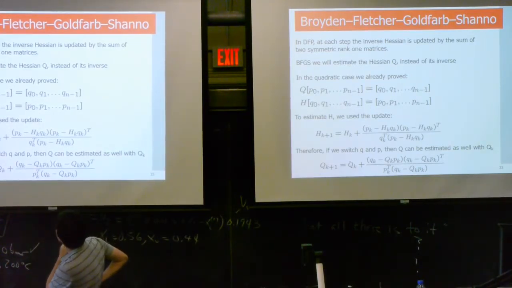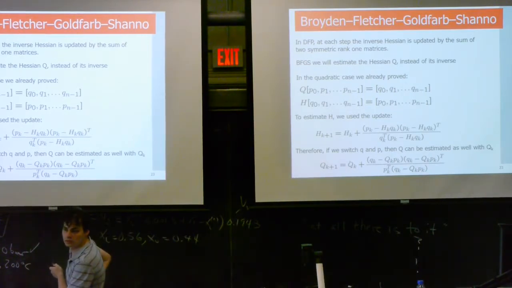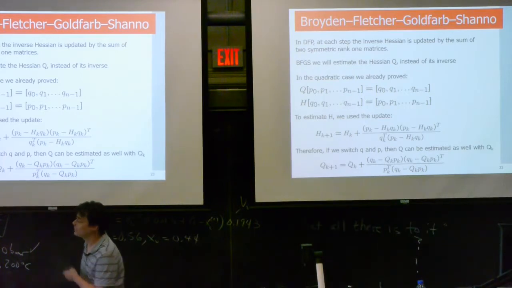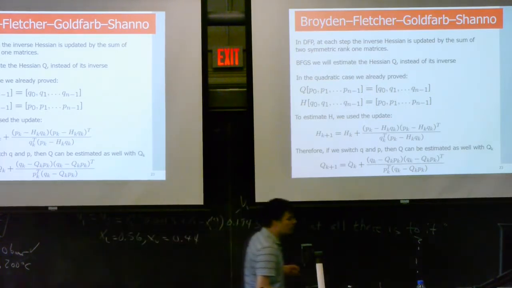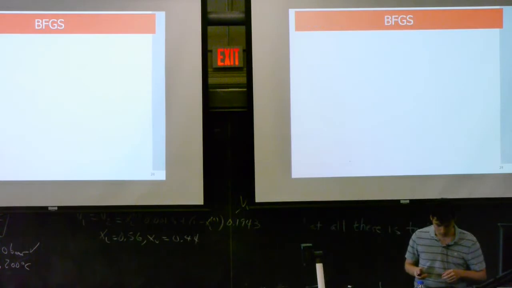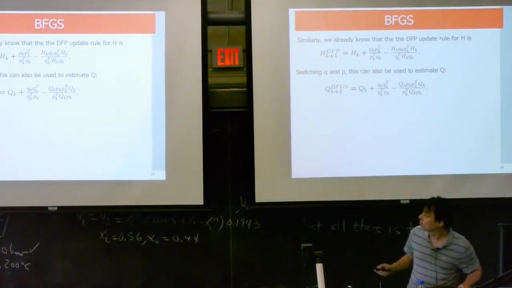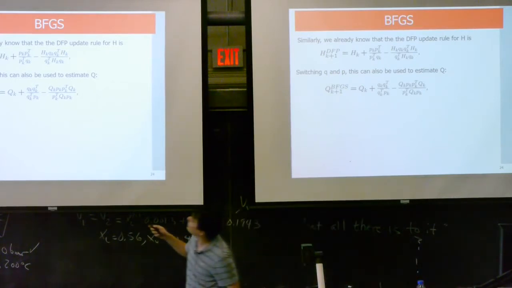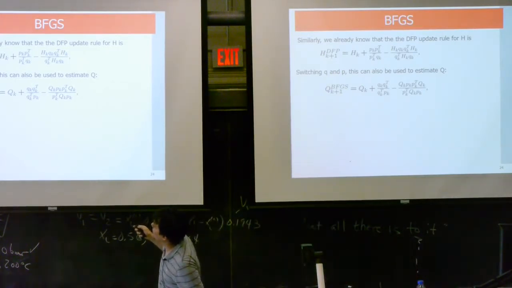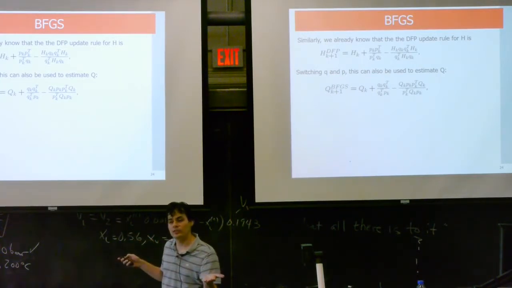We just used these definitions to derive an update for H. But using these definitions, I could derive the same update for Q as well. And now we would have an update rule for the Hessian matrix. And that's what BFGS does. So we have an update for the Hessian matrix. But in the Newton's method, we need the inverse of the Hessian. So what can we do?